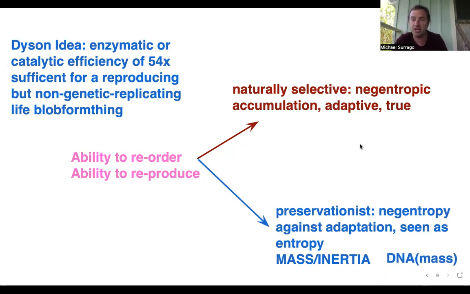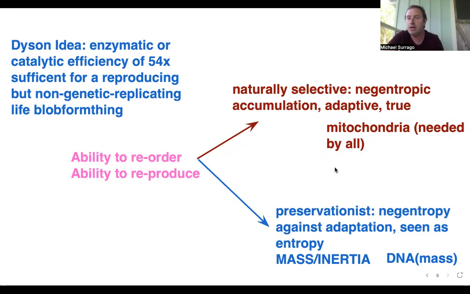Because DNA is the material form of adaptation that you have. Whereas up here, the naturally selective, this would be more like the mitochondria, which is needed by all. The DNA is like held by all, and it limits what you can become, but at the same time, it preserves you from becoming worse than that.